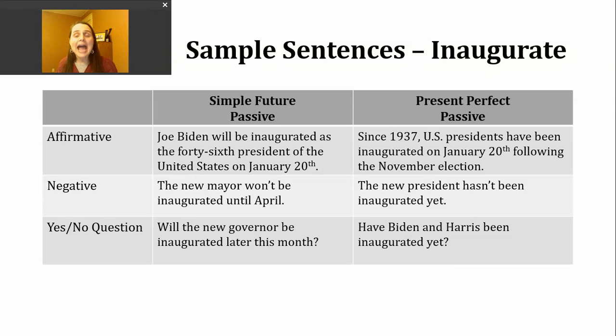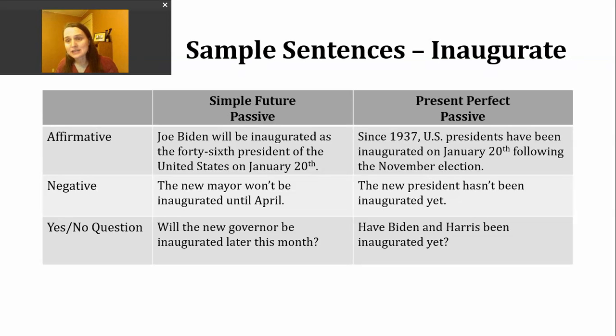Let's take a look at an affirmative sentence. Since 1937, U.S. presidents have been inaugurated on January 20th following the November election. So we're using this verb tense to talk about an action that repeats and continues into our present day.